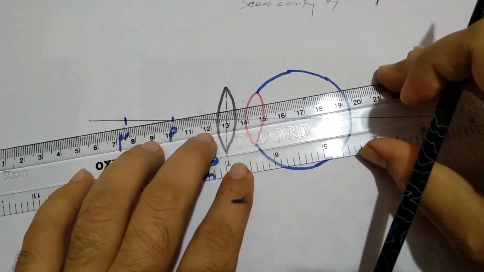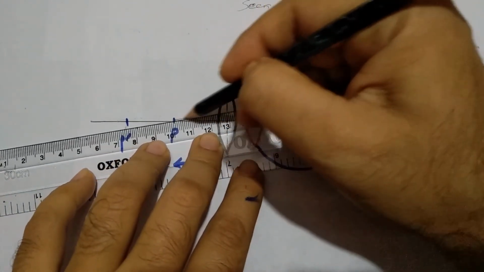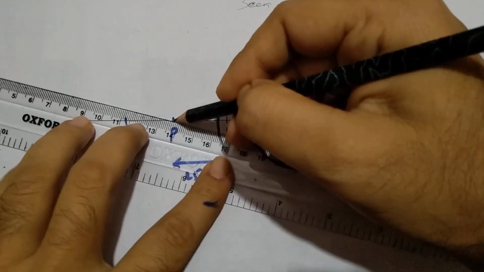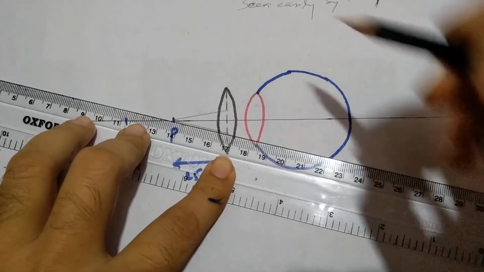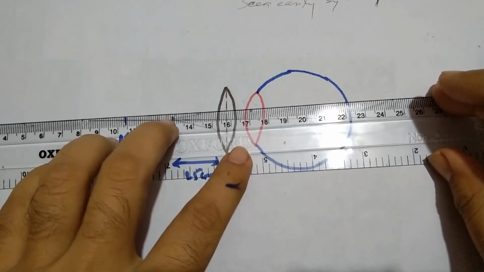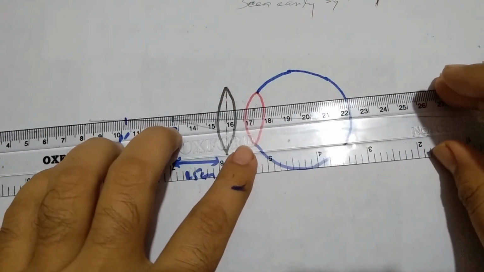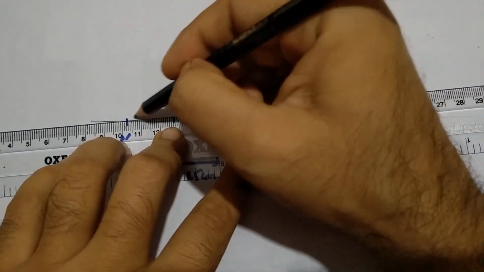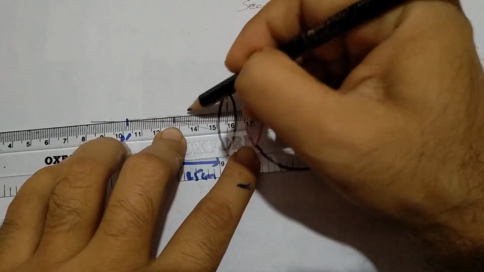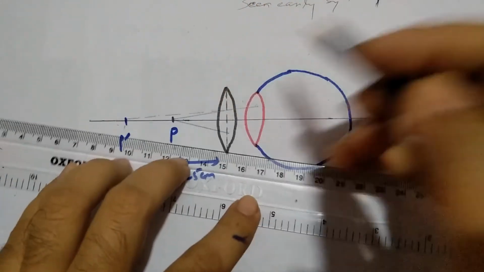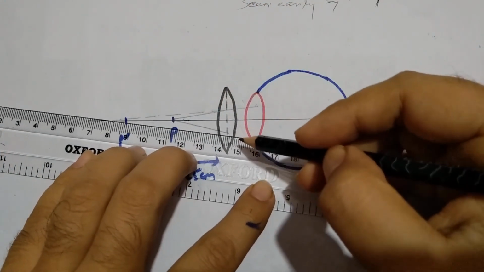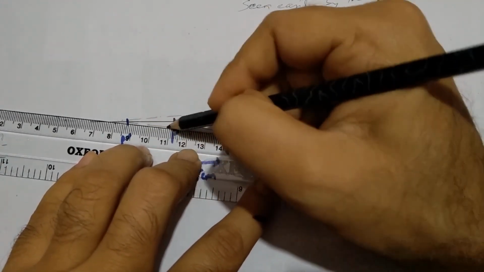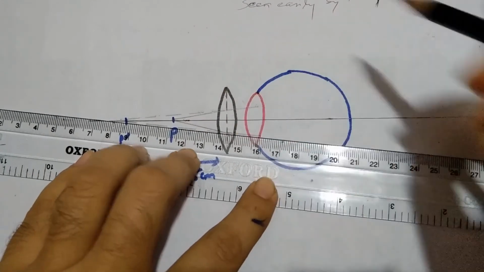Light rays emerging from the object at point P strike the convex lens, which converges the light rays, and the light rays appear to come from point P bar.